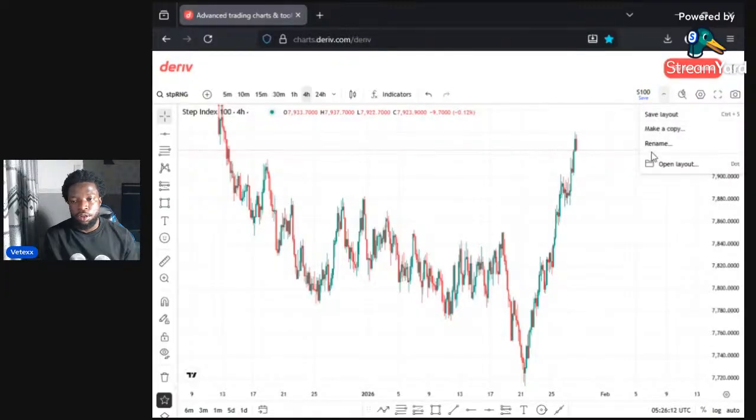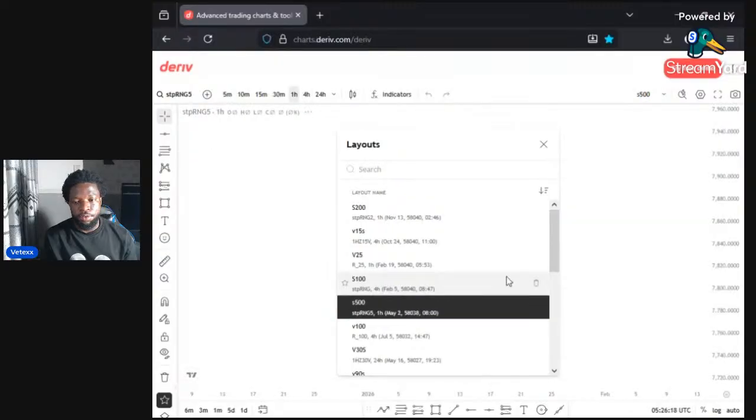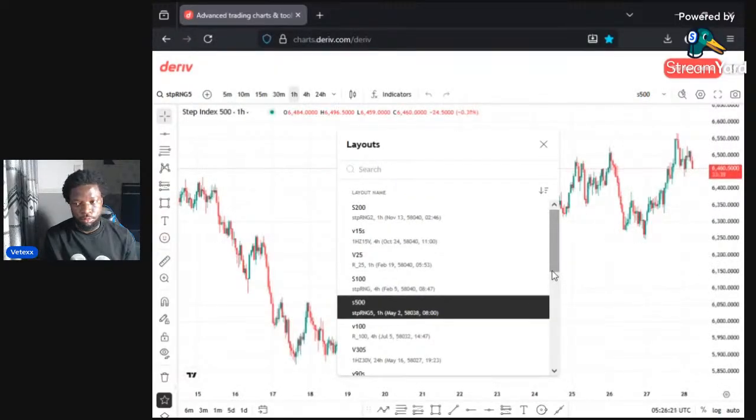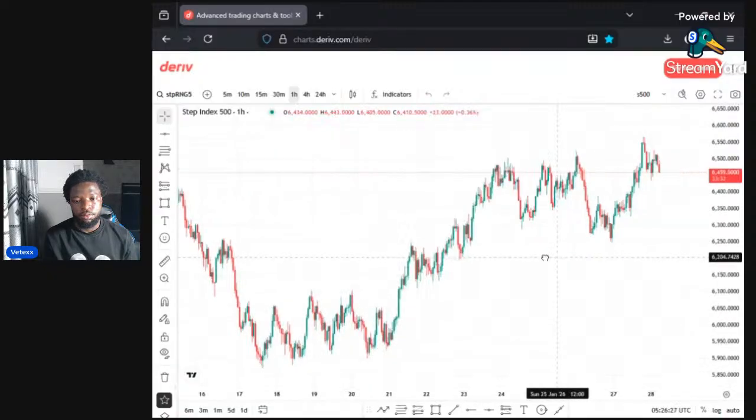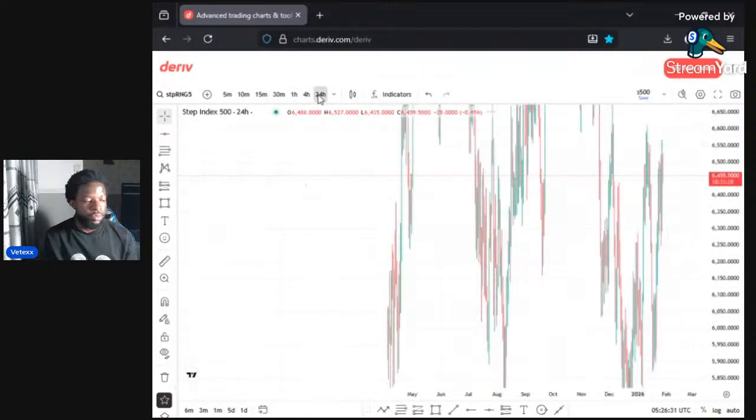Let's check out the next pair, which is Step 500. From the weekly time frame, Step 500 is bearish.